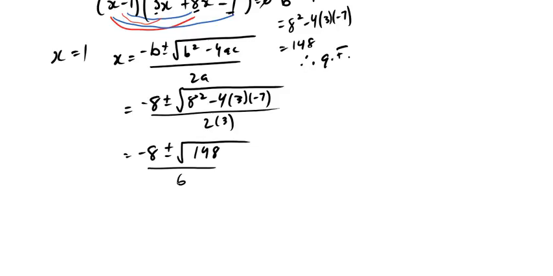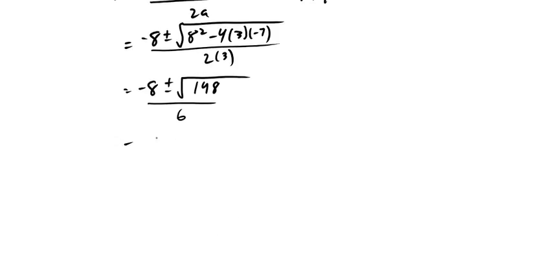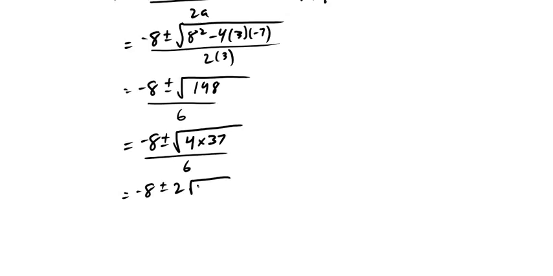Very nice. So the square root of 148 is 4 times 37, so over 6 it's negative 8 plus or minus 2 root 37. You actually take the square root, over 6. And all of those things are divisible by 2: the 8, the 2 root 37, and the 6.